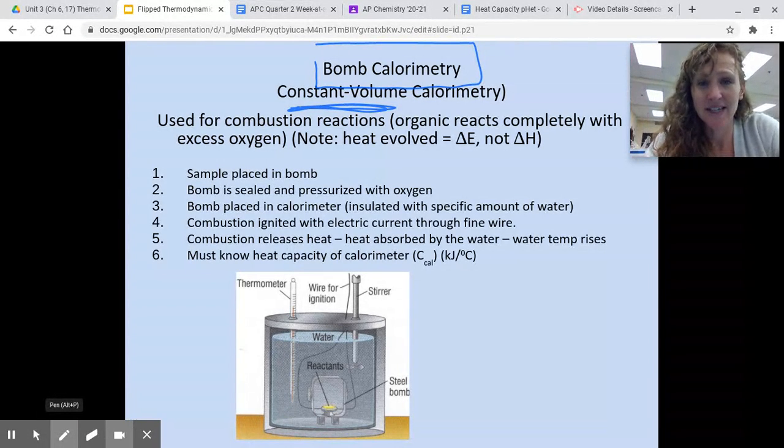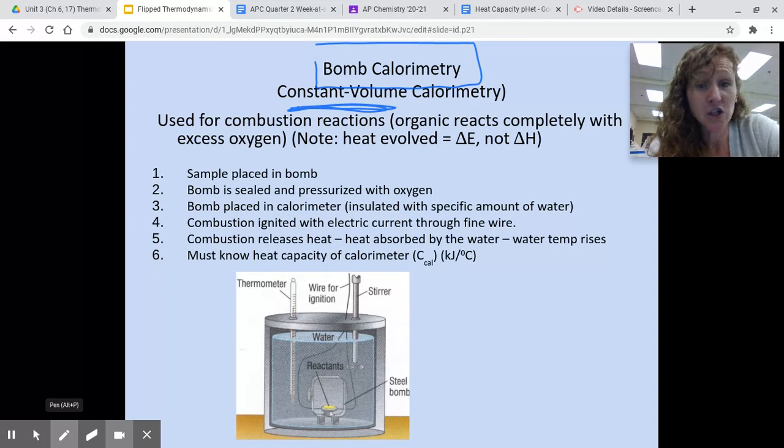The volume stays consistent. The pressure changes. A lot of times these are used for combustion reactions. So they pump in oxygen to this little thing, and then they burn whatever organic compound they're looking at. Notice in this case, the heat evolved is going to be total energy. It's not enthalpy because the pressure is not constant. We can't talk about enthalpy.